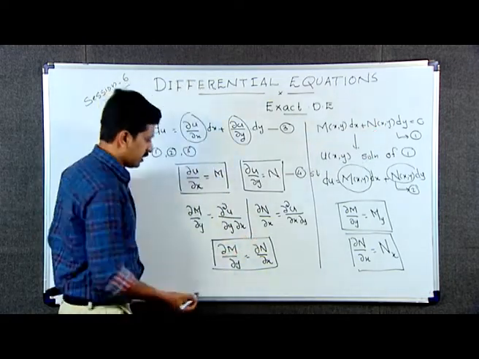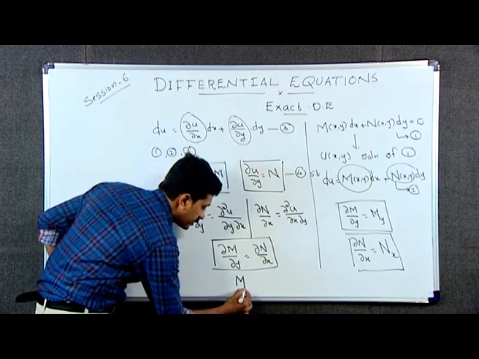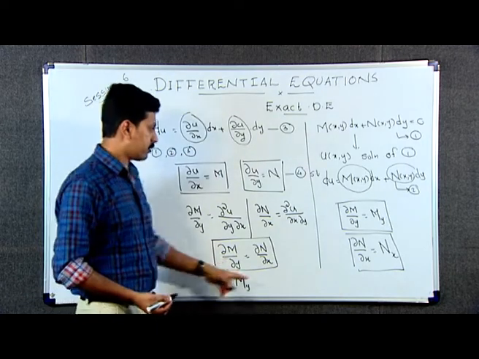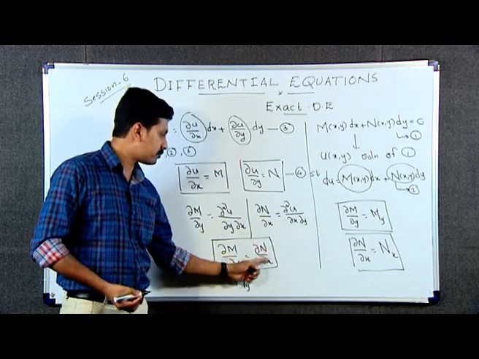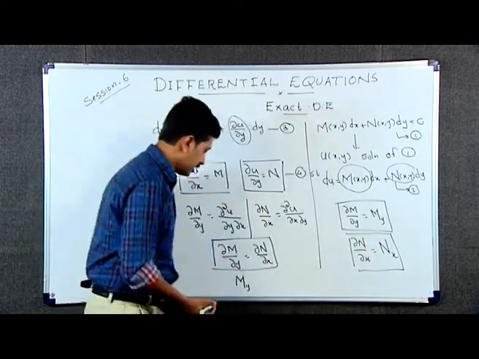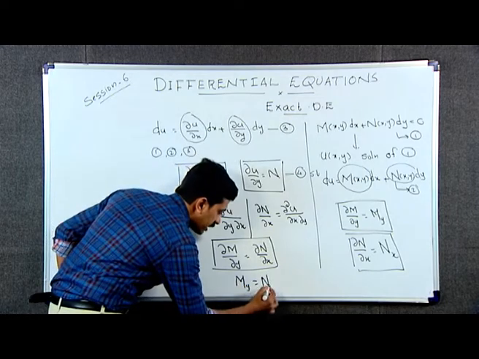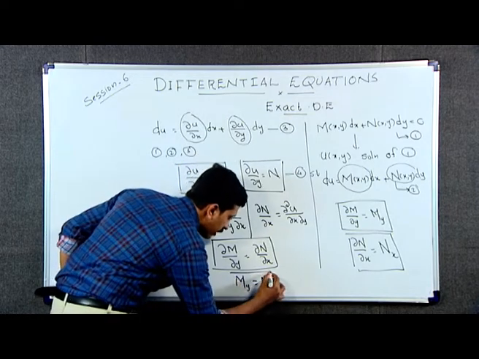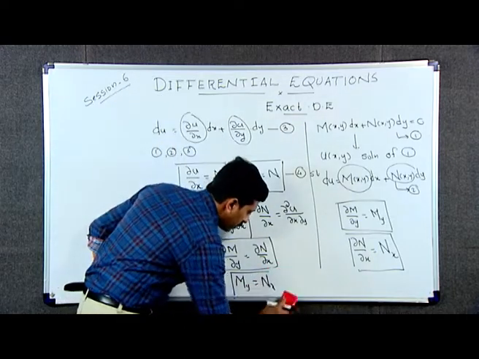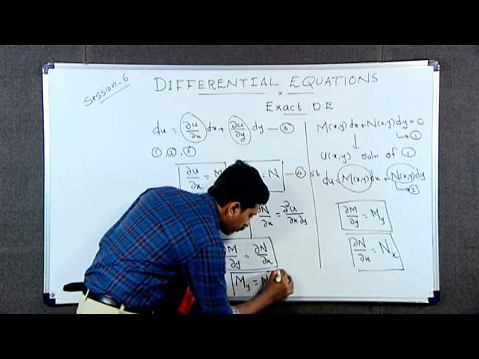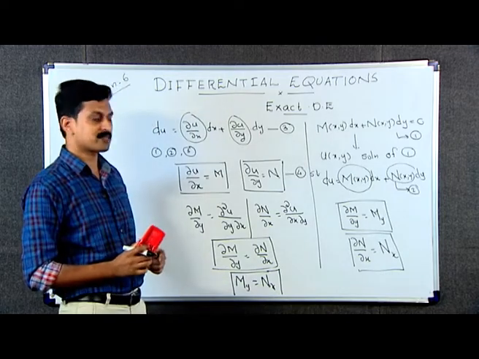Instead of ∂M/∂y we are writing M_y, as well as instead of ∂N/∂x we are writing N_x. So sometimes we can simply say that if M_y is equal to N_x, then our differential equation 1 is exact.